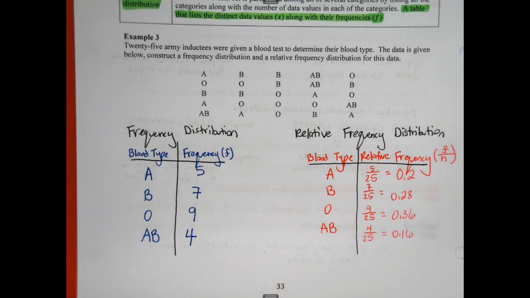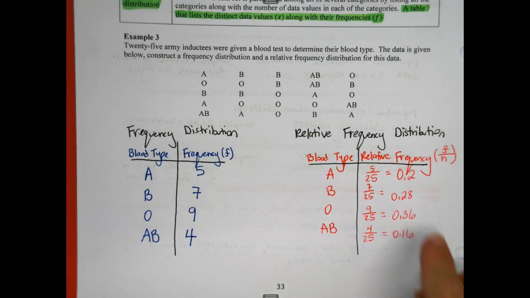So the difference between a frequency distribution and a relative frequency distribution is that it just looks at proportions or percentages. And a relative frequency distribution is slightly easier to understand.